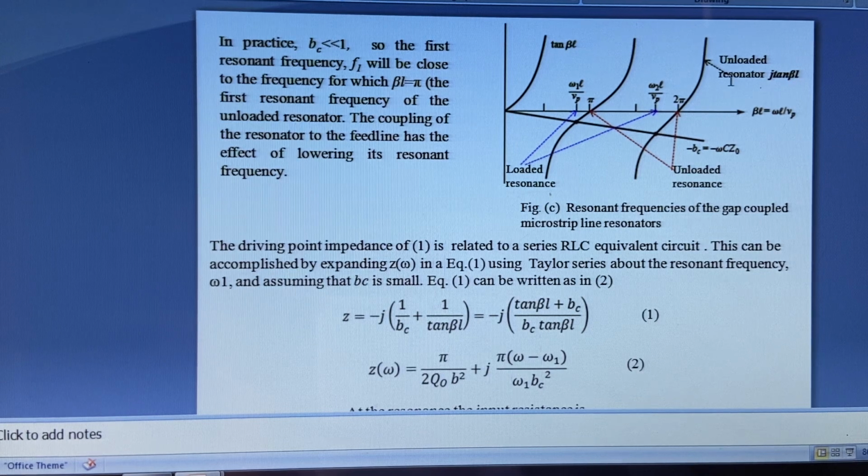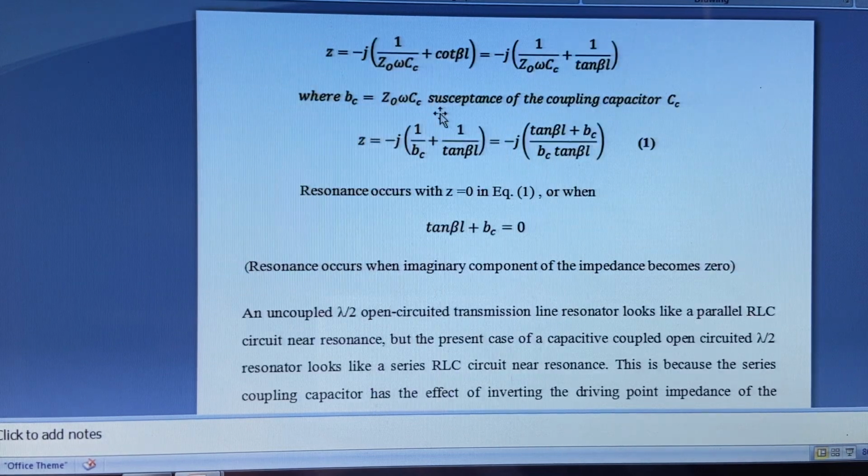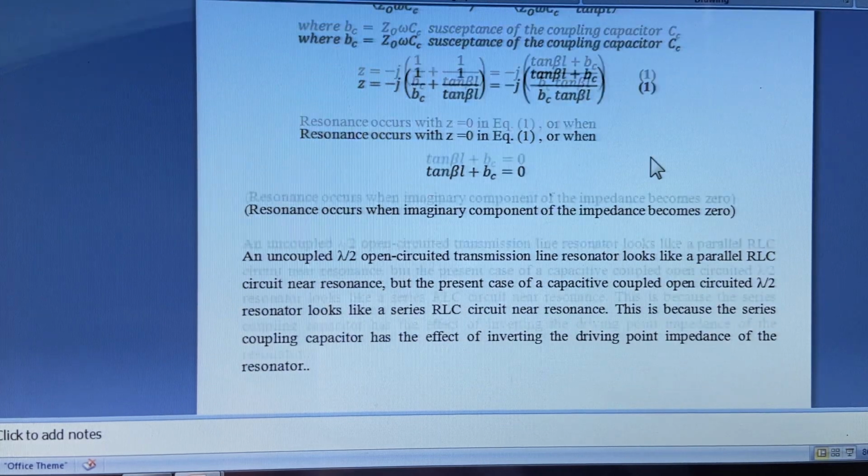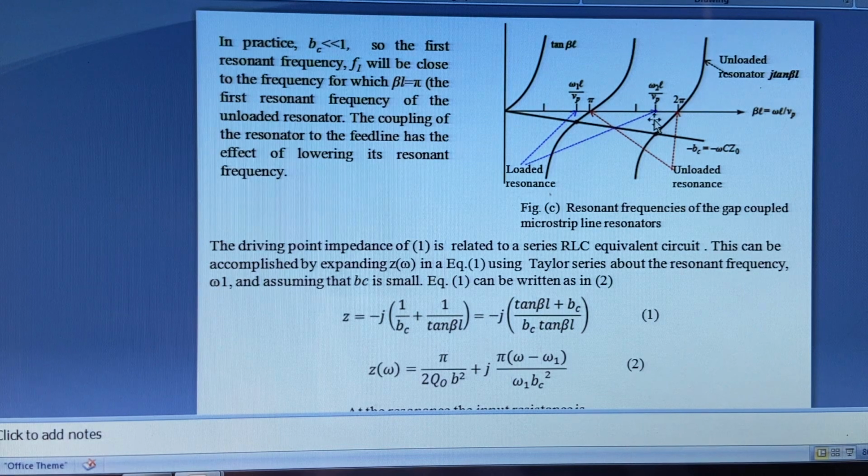For an uncoupled or unloaded case, if you consider only the resonator circuit without the coupling circuit, the resonance occurs at these points. But because of the coupling capacitor, it is not only tan beta L, we should add the value of BC. Because of this, to satisfy the resonant condition, the frequency is now shifted to these points.